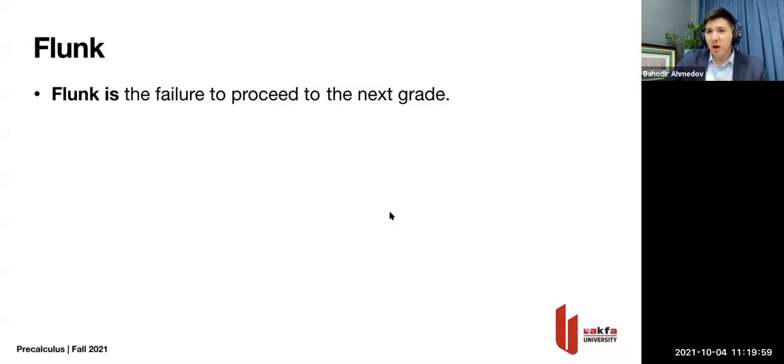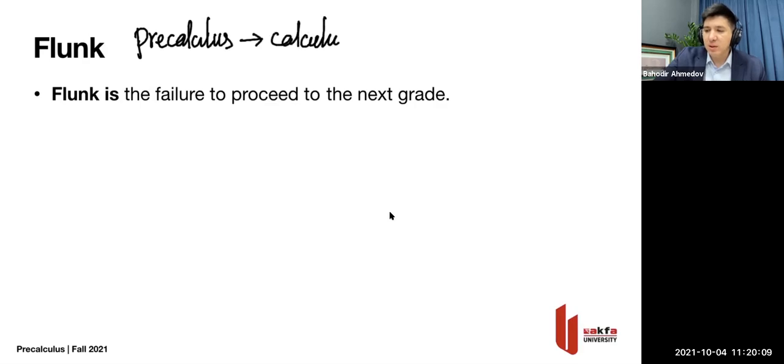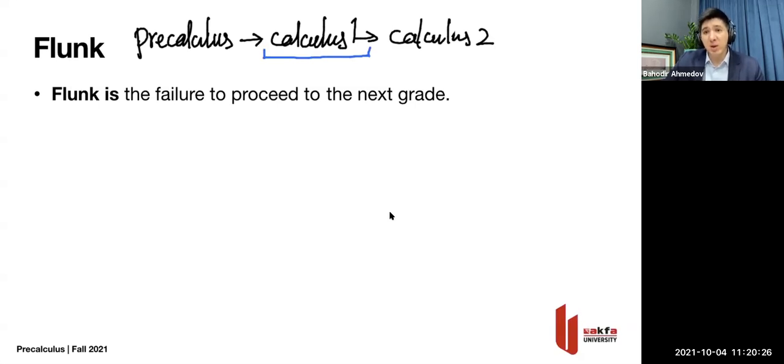All of the courses are connected to each other. For example, the course Precalculus is connected with Calculus 1, which is going to be connected with Calculus 2, and so on. We call this a prerequisite. So when you start Calculus 1, it is required that you have already passed pre-calculus.